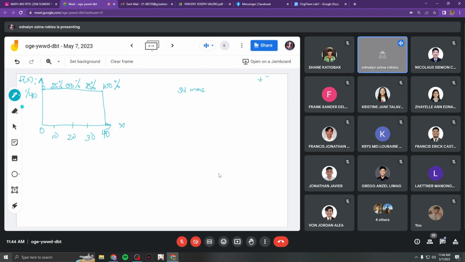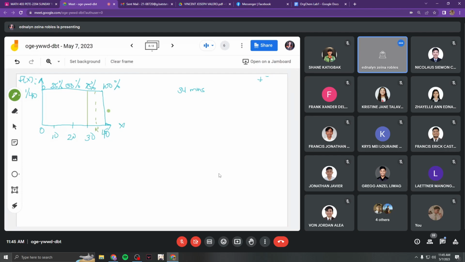Given that we've asked to know the 85th percentile, it is between 30 and 40. And this is our K, for example. This is our 85th percentile.